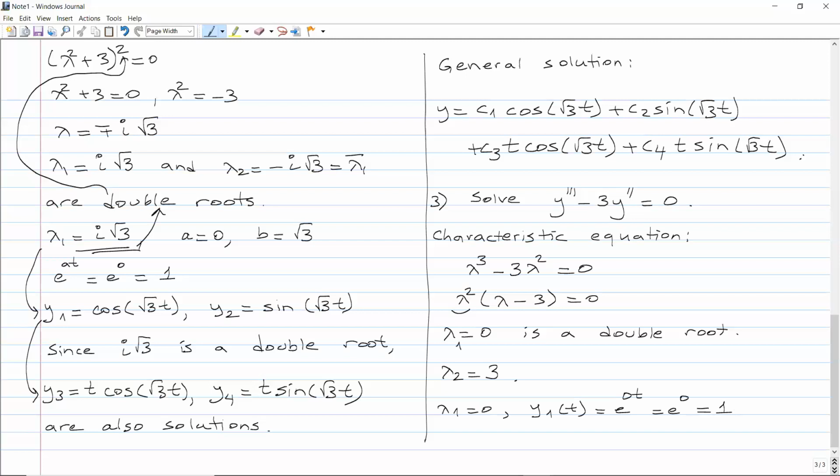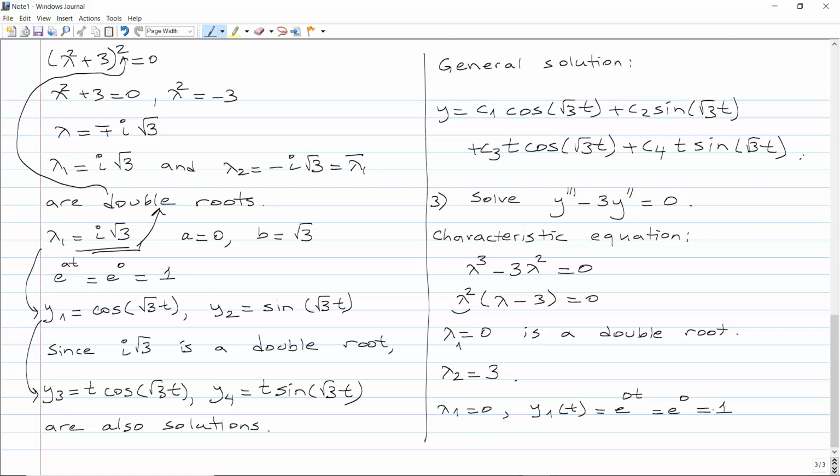When you take y to be a constant, you see that it satisfies the equation because the derivative is 0, so the second derivative is 0, the third derivative is 0, and the equation is satisfied. So as the independent solution, we take the constant 1.